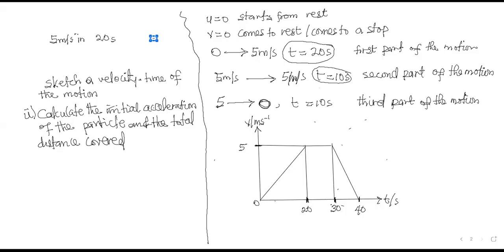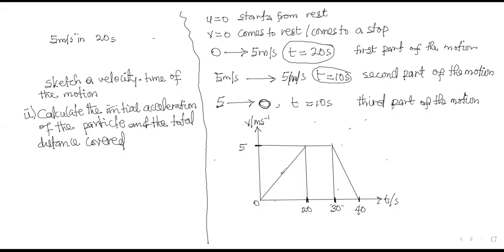Thank you. Then let's go to calculating the initial acceleration of the body. Whenever you have a velocity time graph, the slope of it must give you the acceleration of the body.